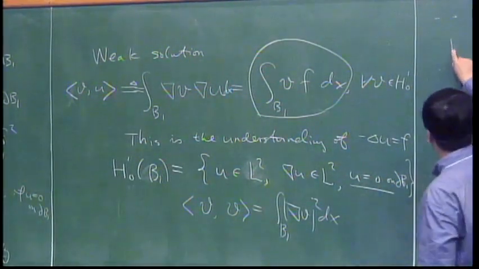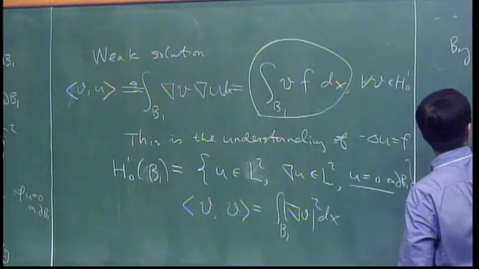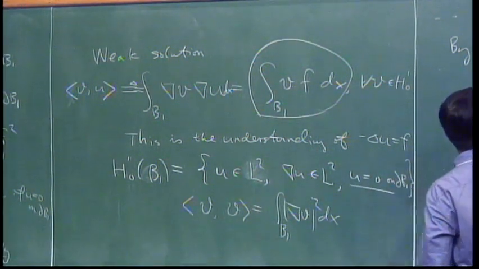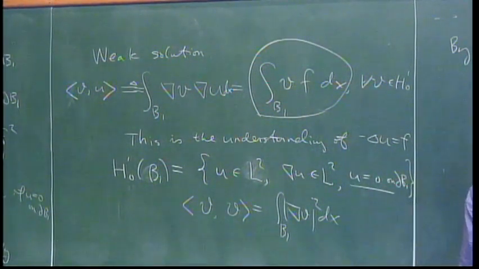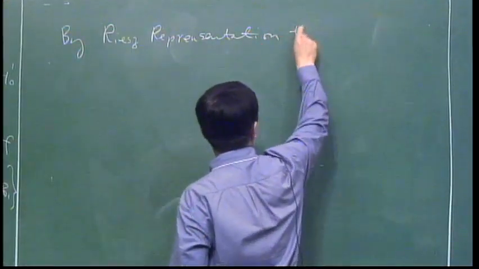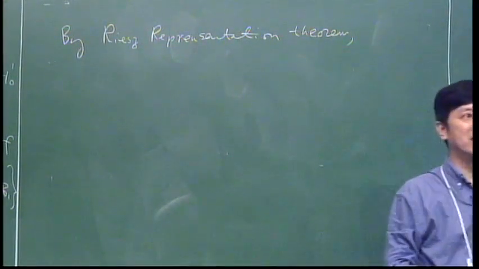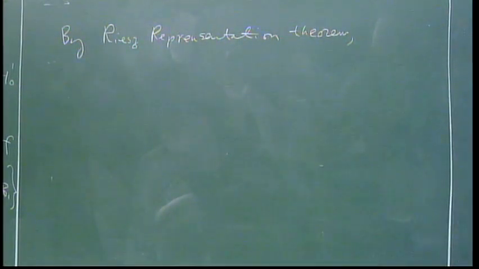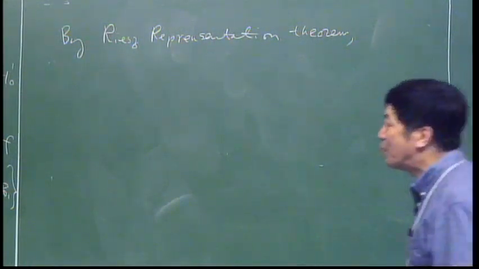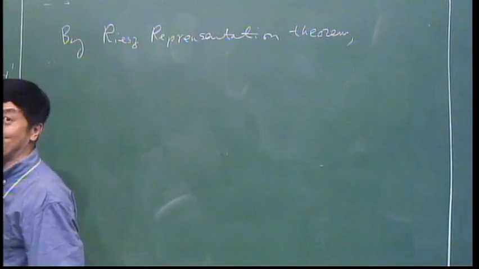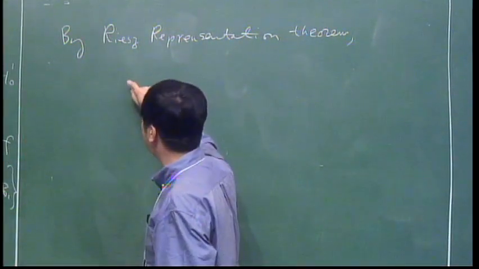So by the Riesz representation theorem, which says that any continuous linear functional can be represented by the dot product, you only have to do that, which is trivial.